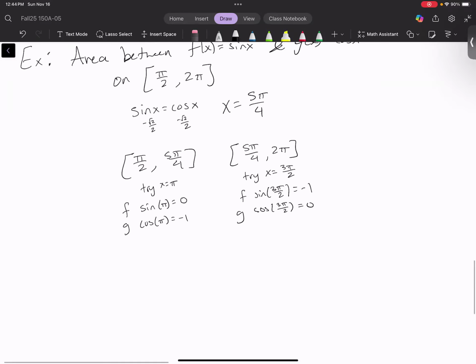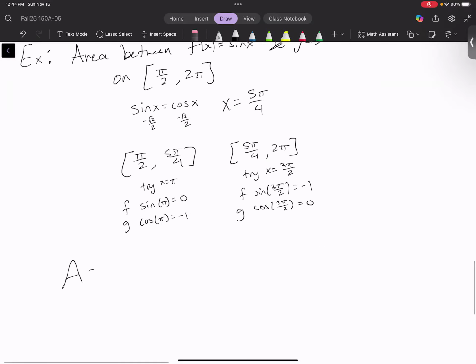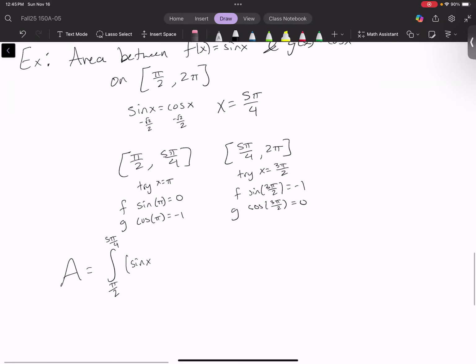Okay. So then our area is going to equal the integral from pi over 2 to 5 pi over 4, and sine was on top, so it's sine x minus cosine x dx, plus then 5 pi over 4 to 2 pi, and now cosine is on top.